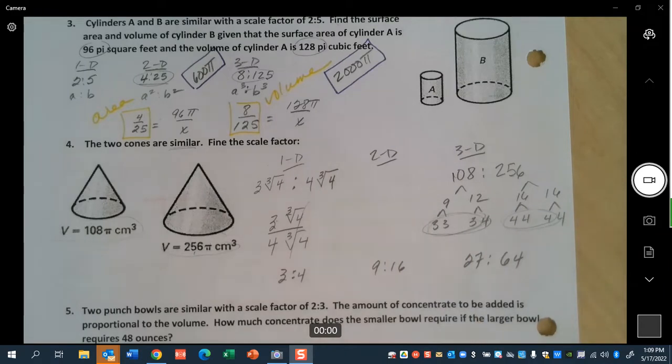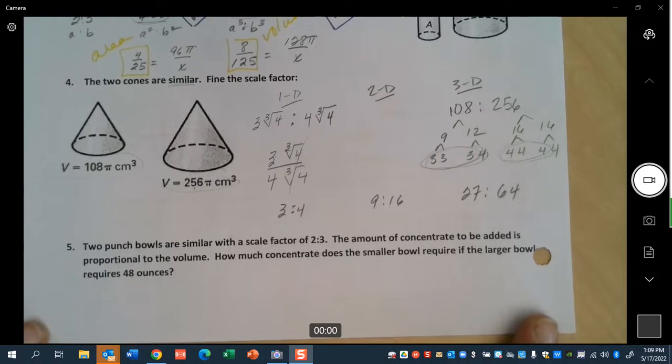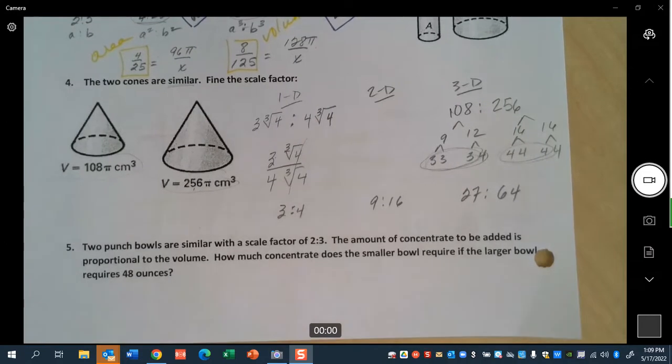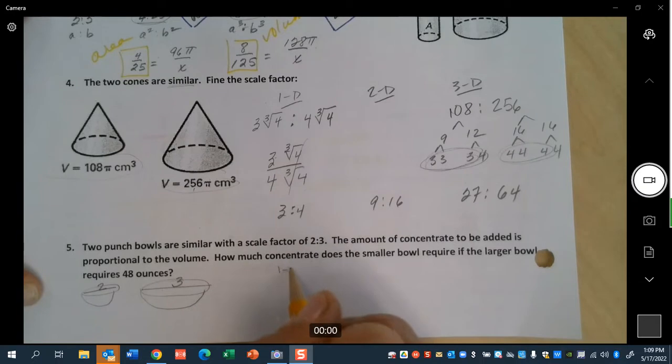All right, here's our punch bowl story. 2 punch bowls are similar with a scale factor of 2 to 3. So here's one punch bowl, and here's the other one. Let's talk about diameter, 2 feet. Punch bowls. You okay with that? Our one-dimensional story is 2 to 3.